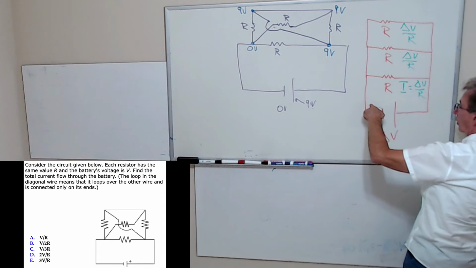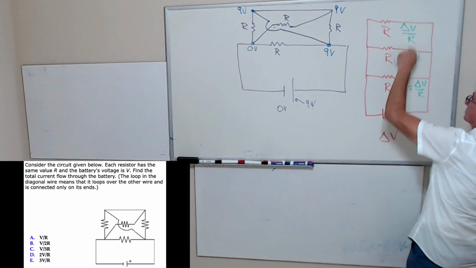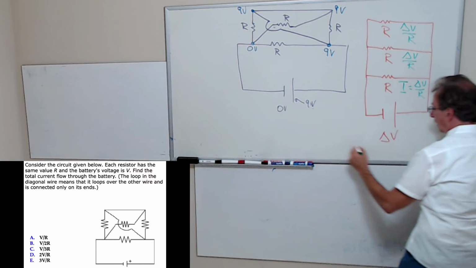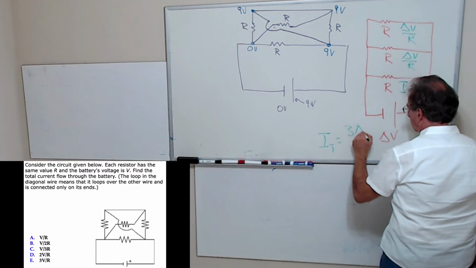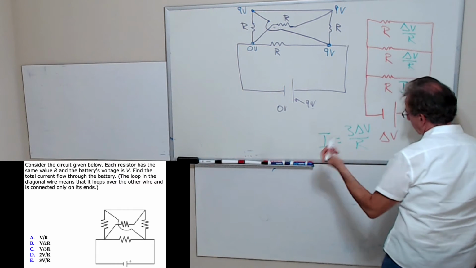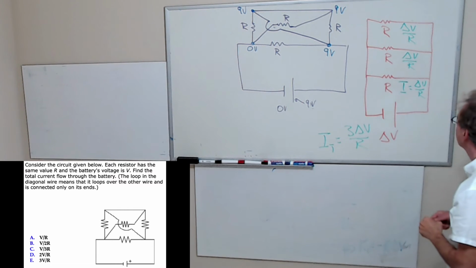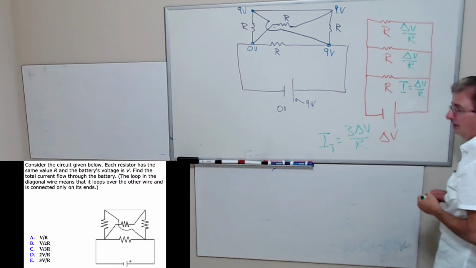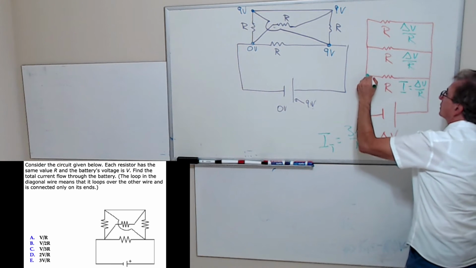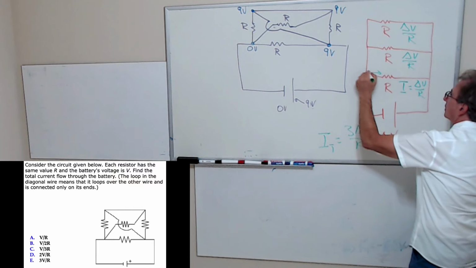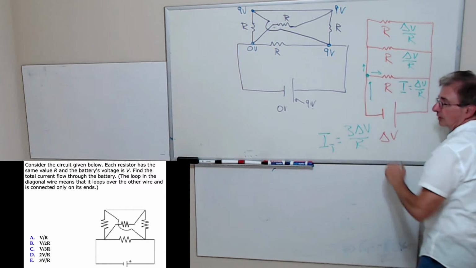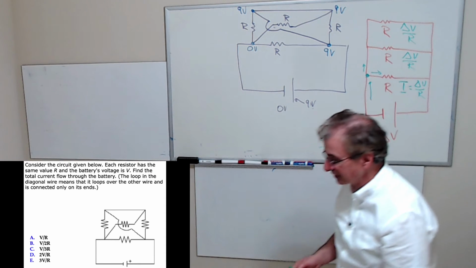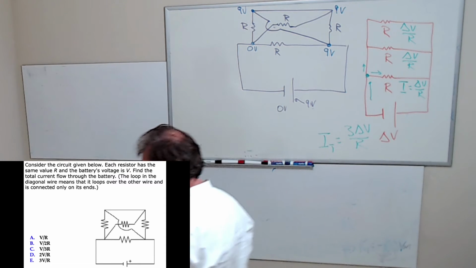The total current delivered by the battery is going to be this plus this plus this. And so I total has to be equal to 3 delta V over R. In the problem they use V. Remember this is a node, so the current splits up over here. So 1/3 is here, 2/3 is over here. That problem should look familiar. I did a problem class that looked like that, at least the final circuit.